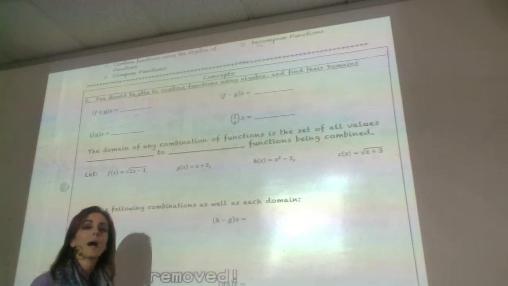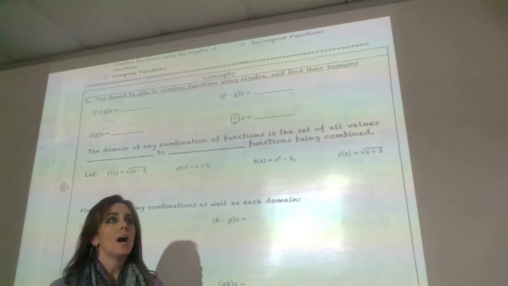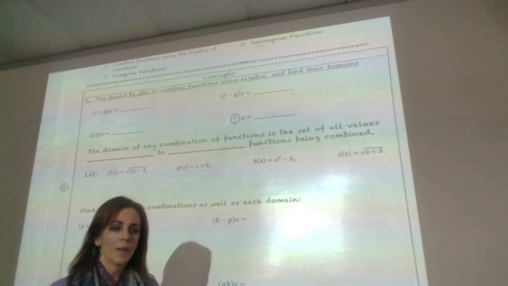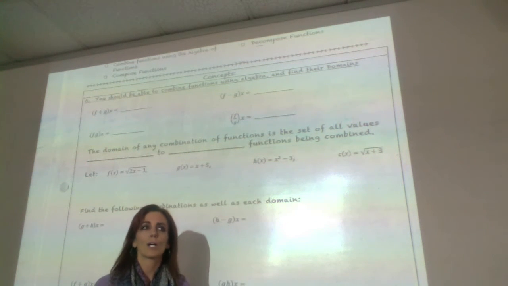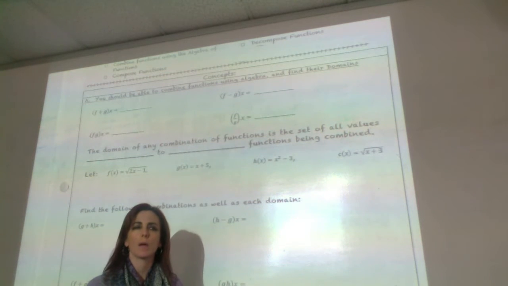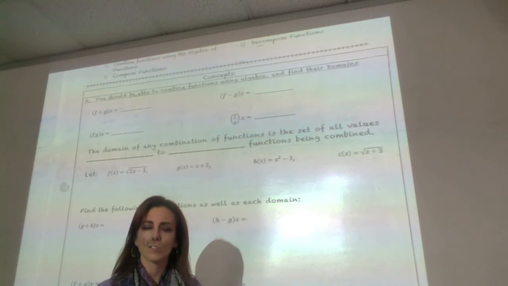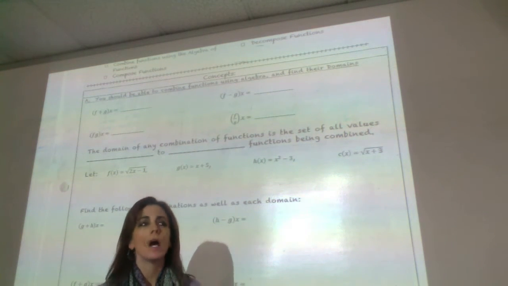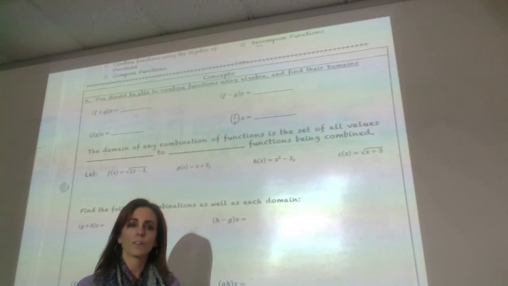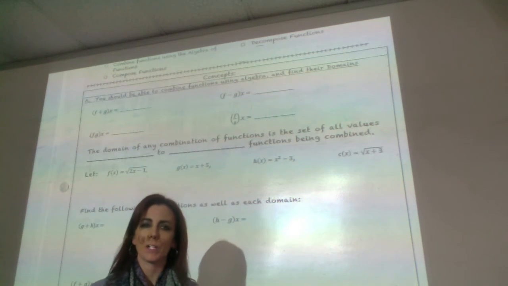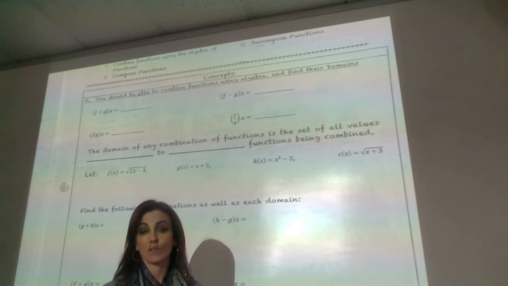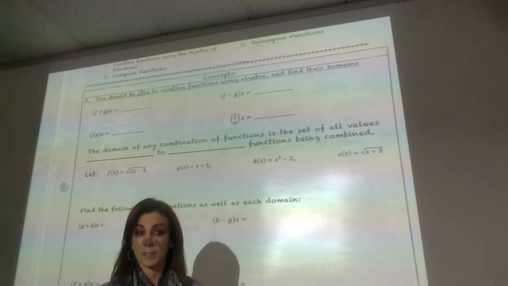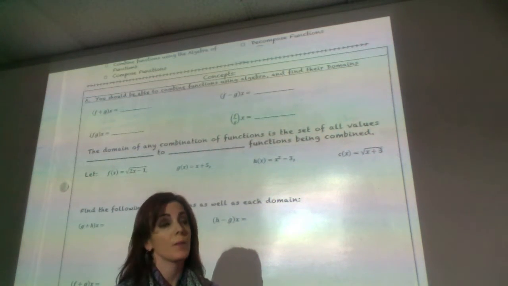Remember we talked about how to find the domain of a function. And remember that there were a couple things that we wanted to look for, and those things would indicate there were some exclusions to the domain of all real numbers. If there's a fraction that has a variable in the denominator, then there may be some exclusions where the denominator is equal to 0.